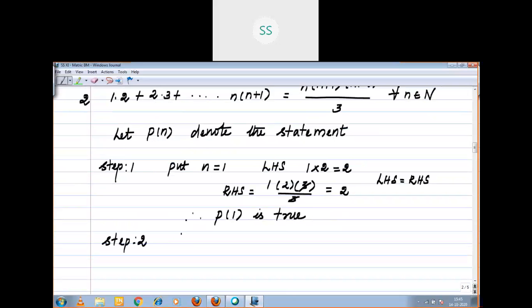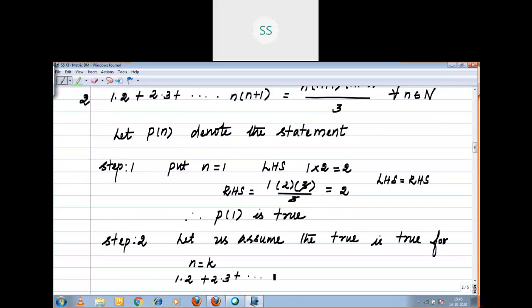Second step, you are assuming that the result is true for n equal to k. Let us assume the result is true for n equal to k.